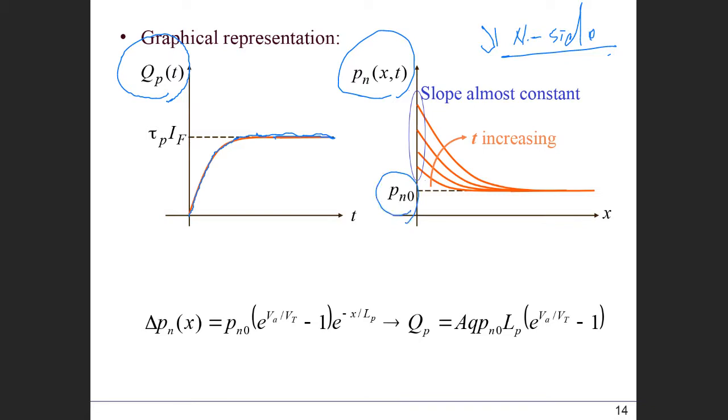If you look at the minority carrier concentration, which is the hole in here, that's going to be this dotted line. Okay. Now, at t equals 0, we suddenly switch it on, and we apply the current as IF. Okay. Then at that moment, the number of excess carriers starts to increase.